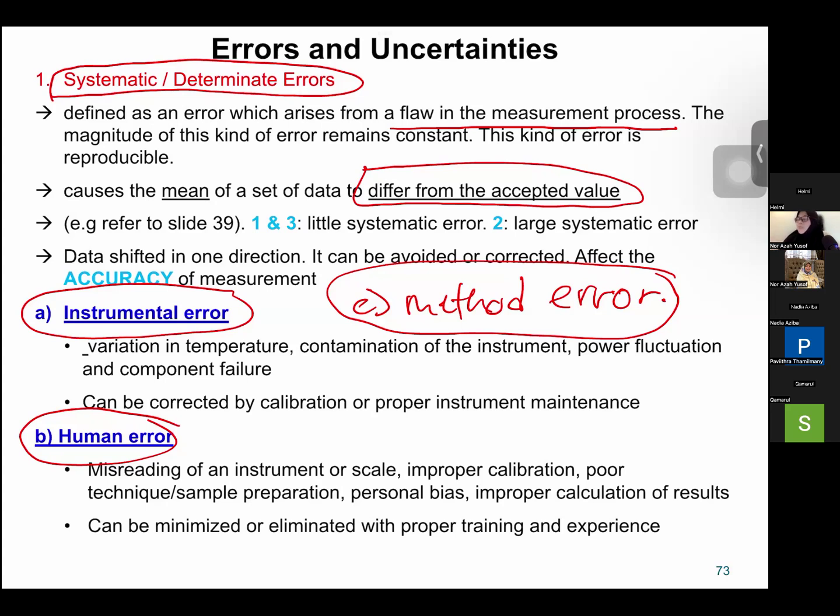Okay, so instrumental error also. What do you think of instrumental error, Nadia? Where does the instrumental error come from? It can come from maybe the machine setting, some fault with the setting, or the condition and fluctuation.